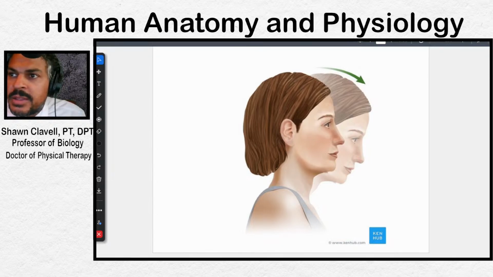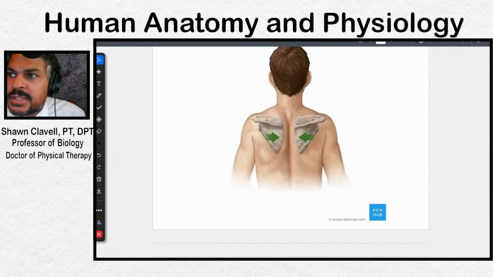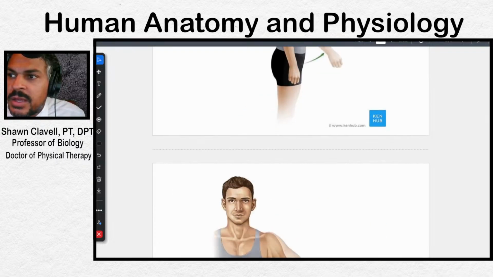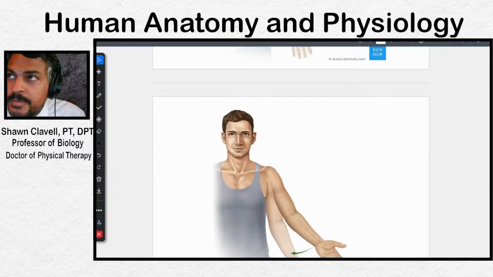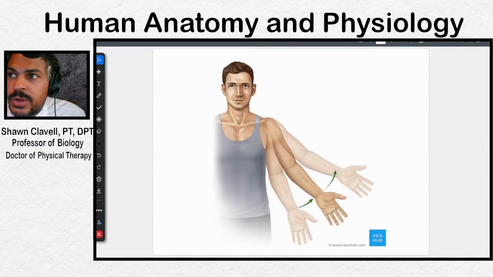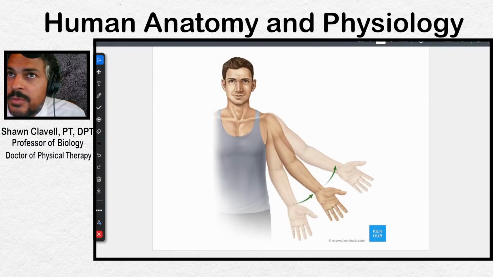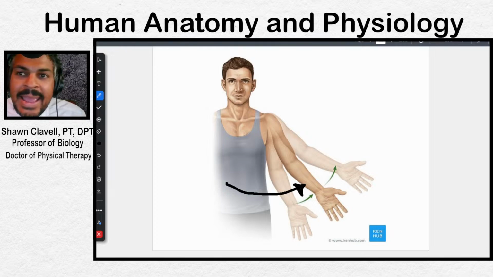So let's take a look at a different example here that includes some of the extremities. Here's one. In this case, this individual is swinging his arms out to the side. This is a motion referred to as abduction.